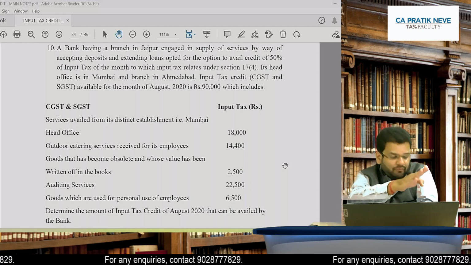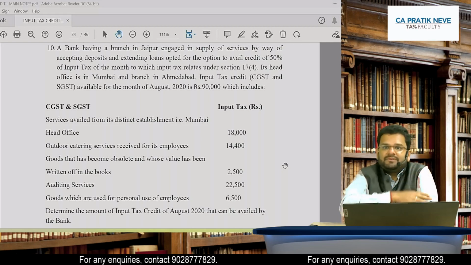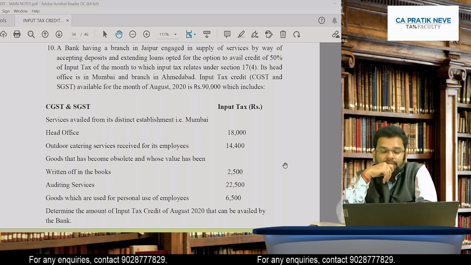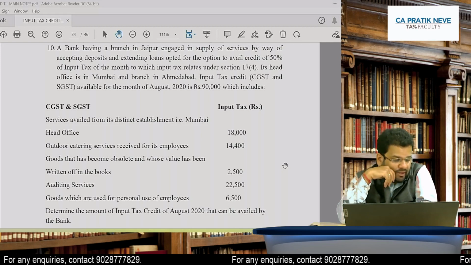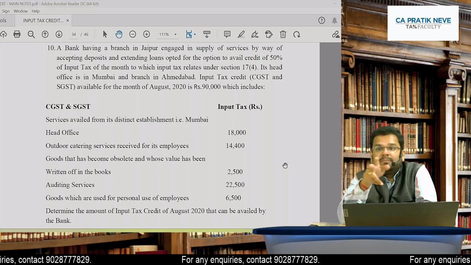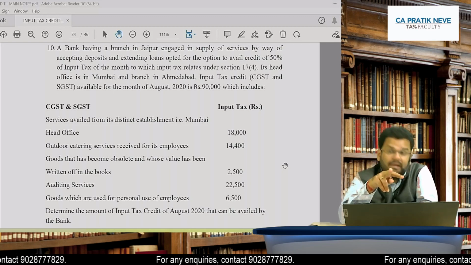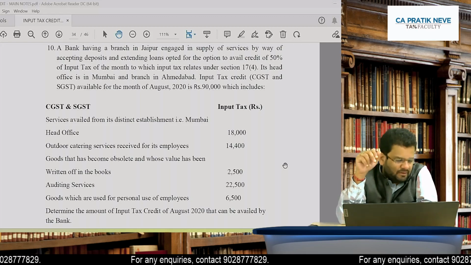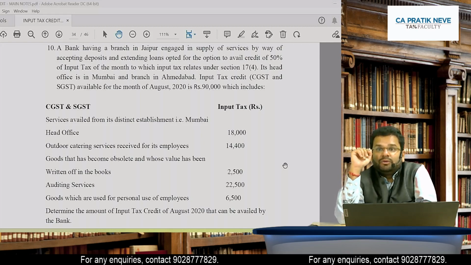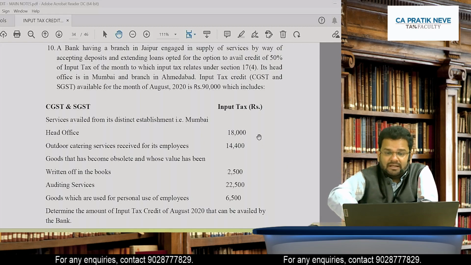And the balance 50% shall lapse. So how much will you be able to claim? You will be able to claim 24,300 and the balance 24,300 shall lapse. Yes, very good, Astha. You can claim the 18,000 also to the extent of 100%. This 18,000.